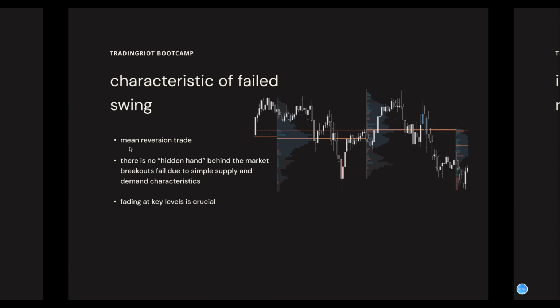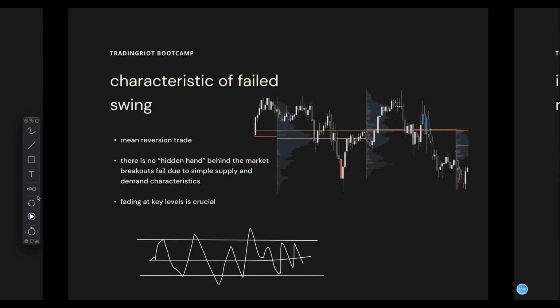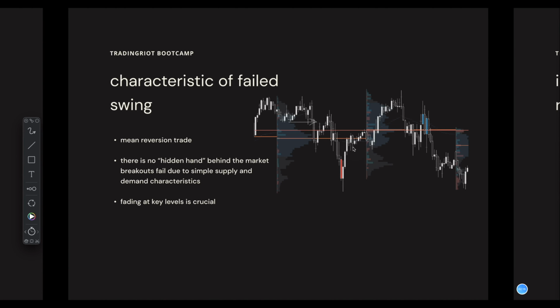The key thing about this is that fading at key levels is crucial. You will see very often these failed swings, especially those where the market leaves a wick, and they will happen often, but that doesn't mean you should be trading all of them.